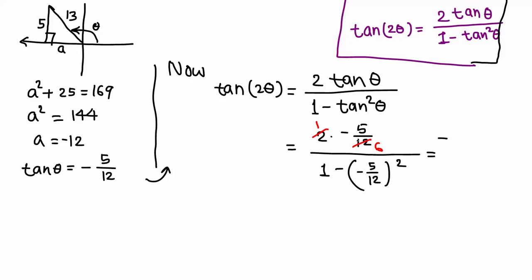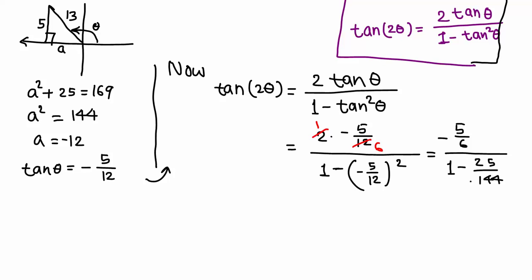all over 1 minus this. This is tangent theta squared, so negative squared means positive, we don't have to write it. 5 squared over 12 squared, 5 squared is 25 over 12 squared, 12 times 12 is 144. So we need to combine these two fractions.